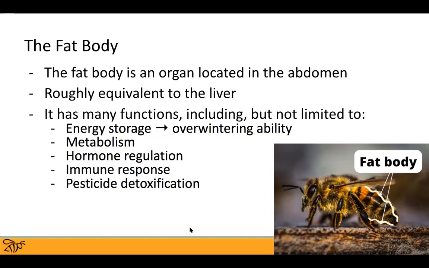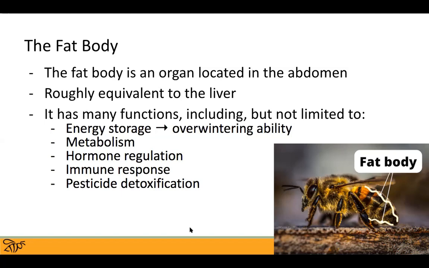We often like to say that the fat body is kind of like the bee equivalent of a liver, but that's a little bit of an oversimplification. The fat body is just an incredibly multifaceted organ. It has a lot of very diverse, very important functions for the bee.